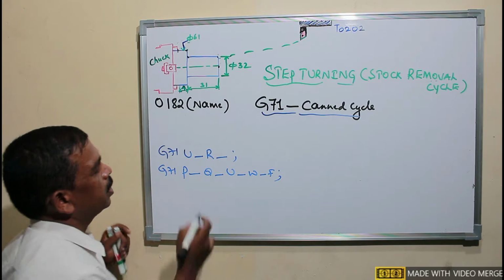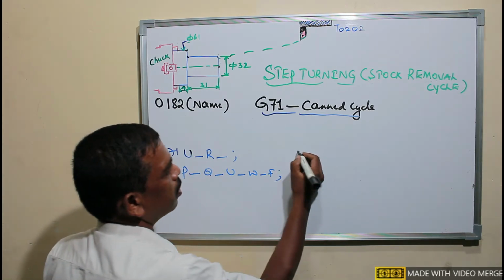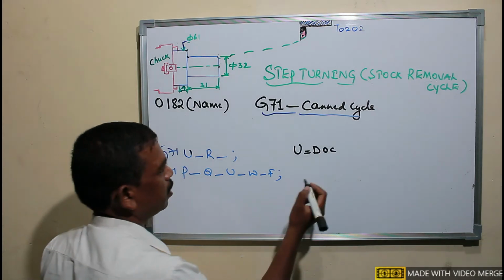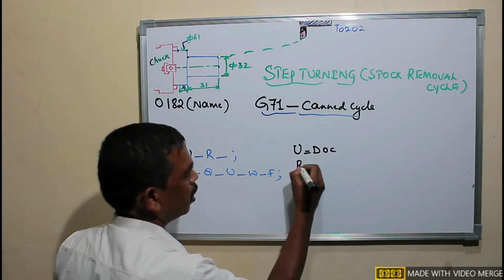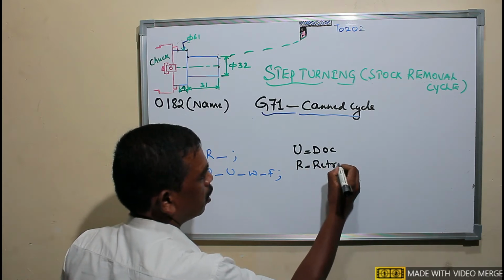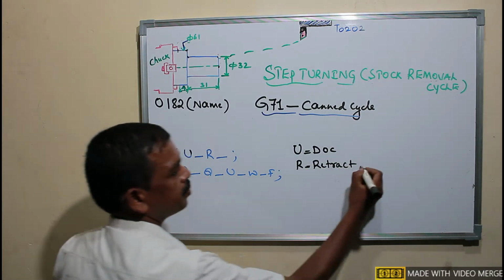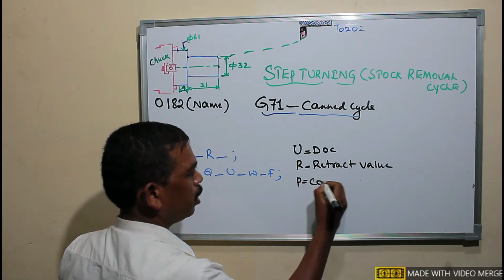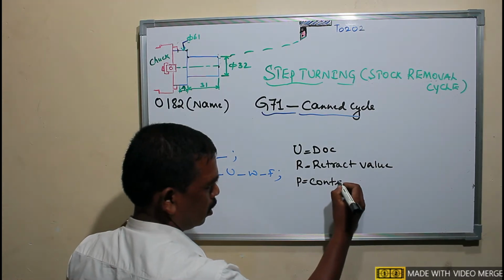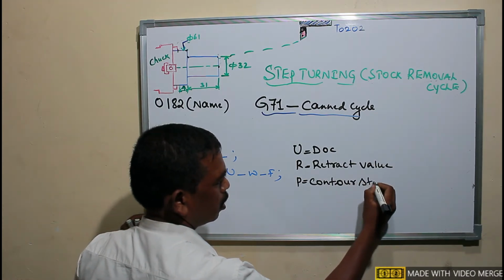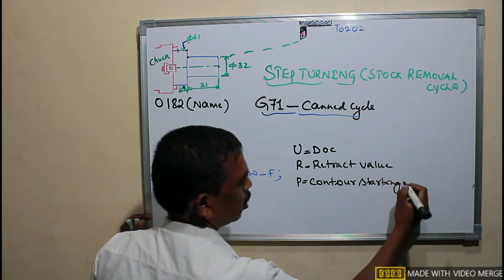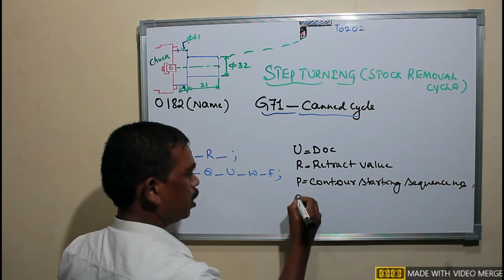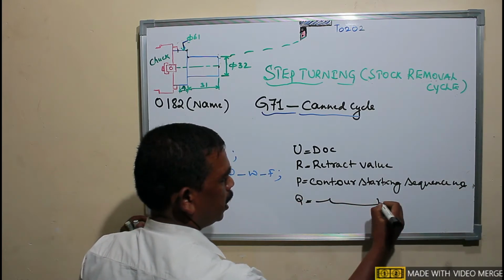This U is for depth of cut along x-axis, and then R is for a retract value, and then P is contour starting point, contour starting sequence number, and Q is contour end sequence number.